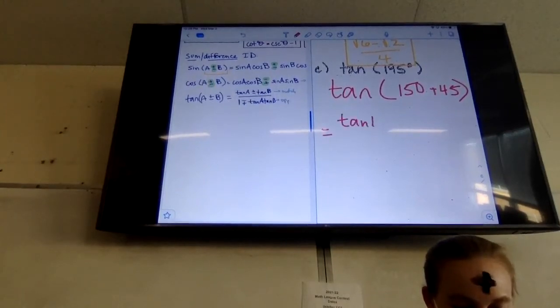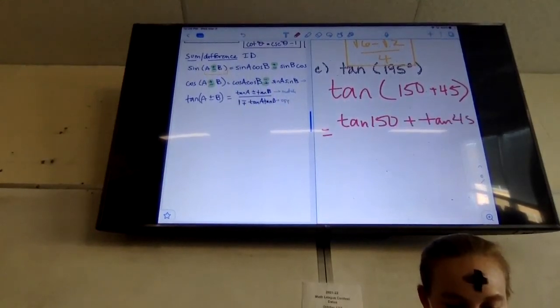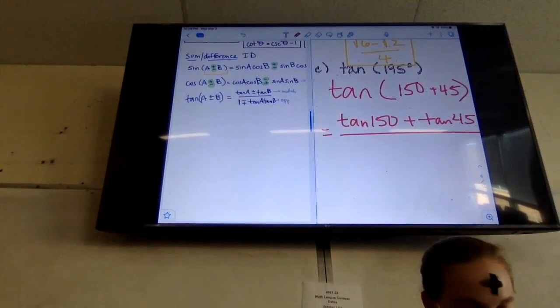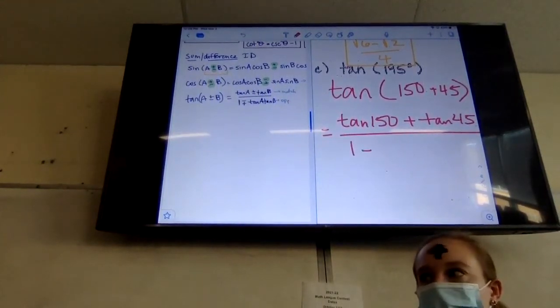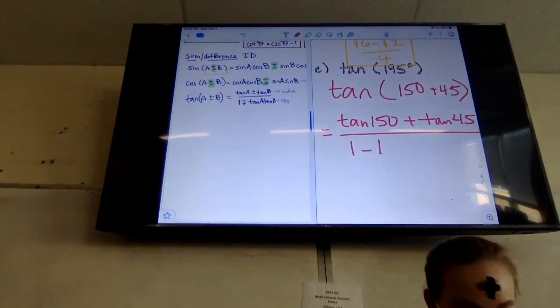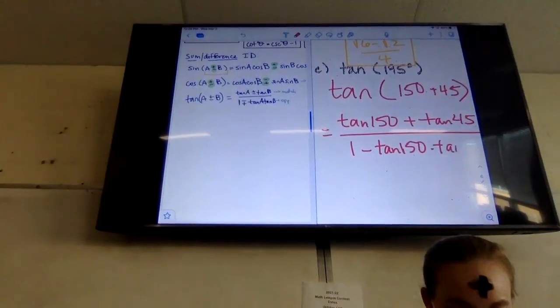Tan of 150, we have to match on top, so it's going to be plus tan of 45. And then I do 1 minus, we have to have opposite signs, tan of 150 times tan of 45.